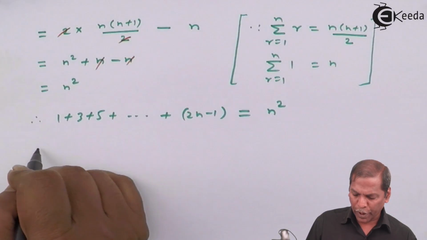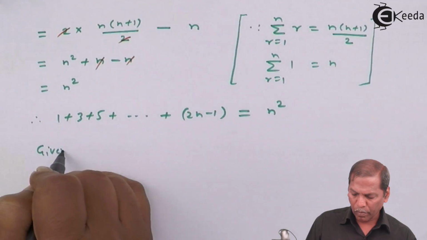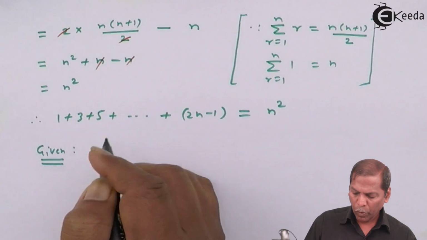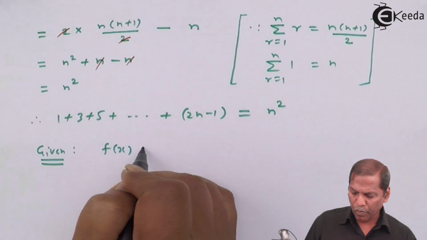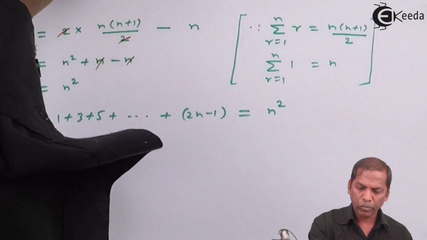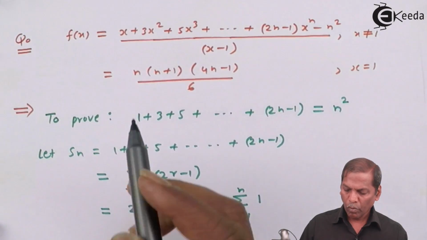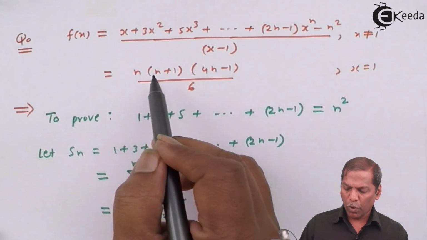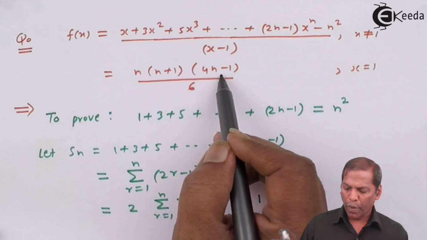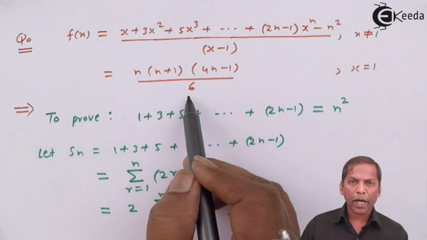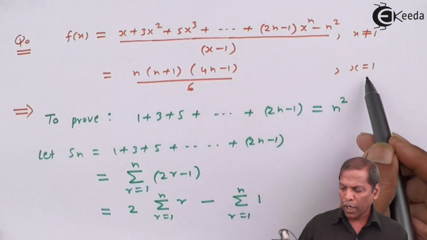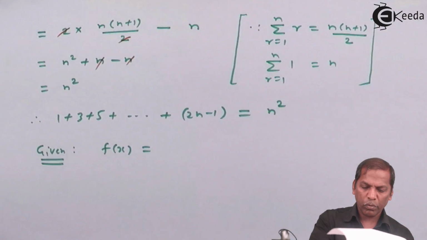So first of all, we start with the given f of x is equal to n into n plus 1 into 4n minus 1 whole thing divided by 6, for x equal to 1.